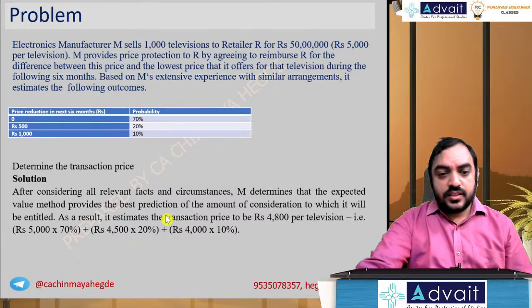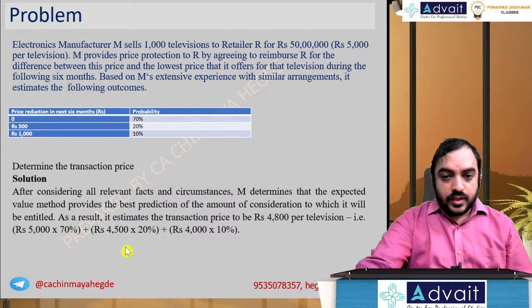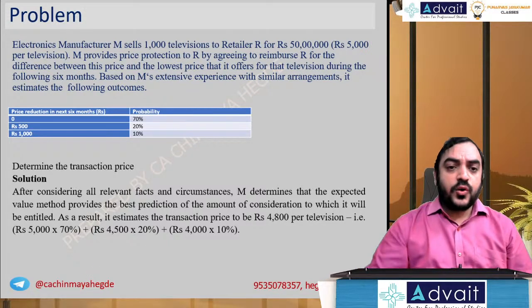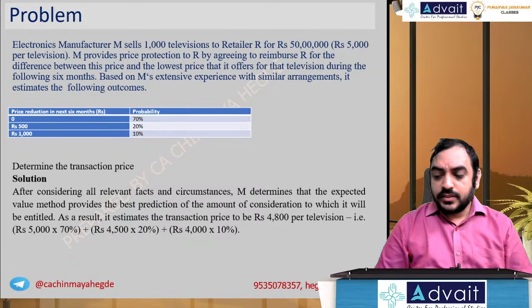I think this is the problem we have to do. I'm not sure if any of you can see it. Anyway, I'll read it. Electronics manufacturer M sells 1000 televisions to retailer R for 50 lakhs, 5000 per television. 5000 into 1000, 50 lakh.